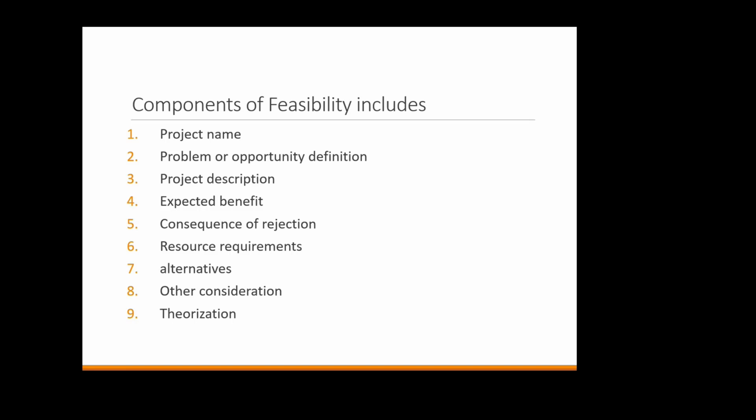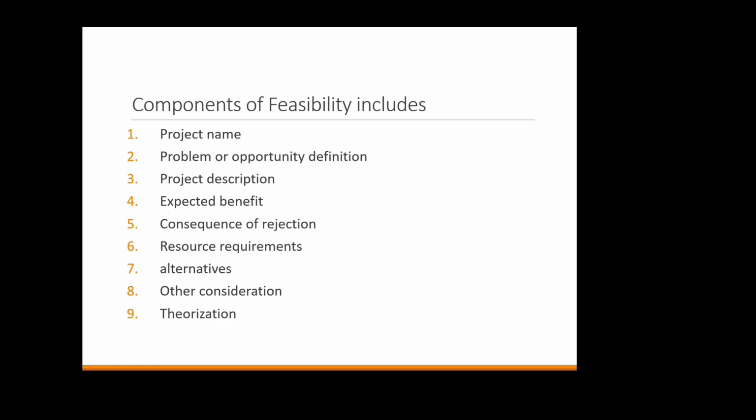The third part is about project description. In project description, we should always consider the introduction part and include all those parameters that we should consider while making a decision. And again, expected benefit.